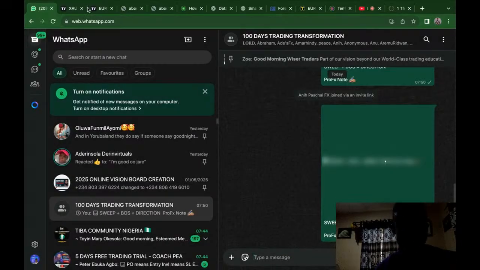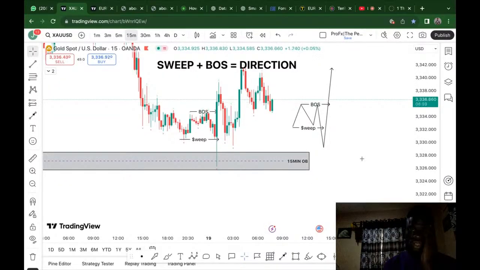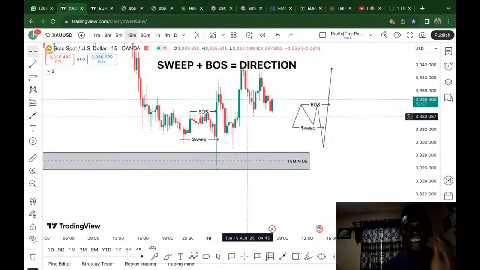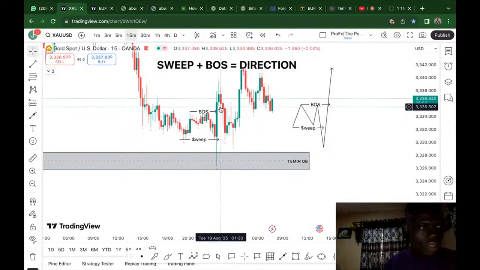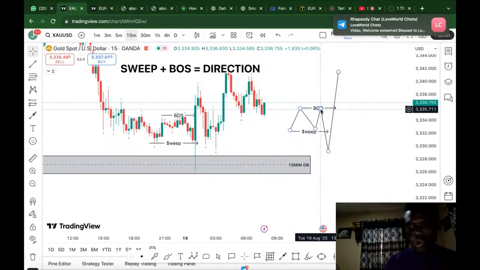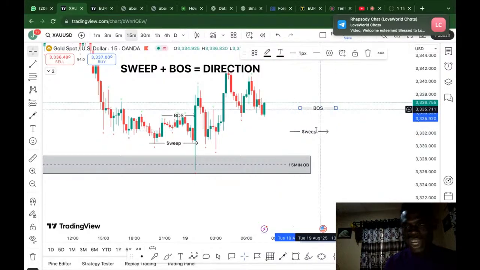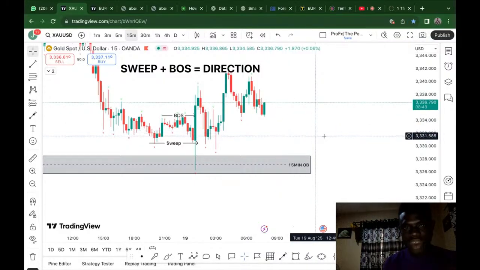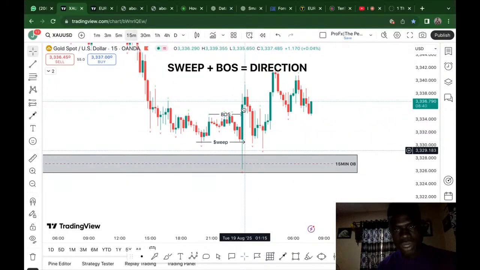All right. So after the direction, the next is we want to know a location. That means we have gotten a direction that we are going up. The next thing is, where are we buying from? We now know that we are in an uptrend because we have broken structure to the upside.